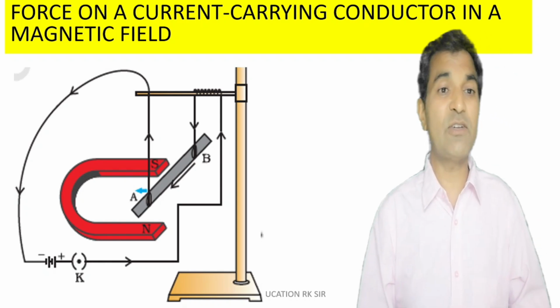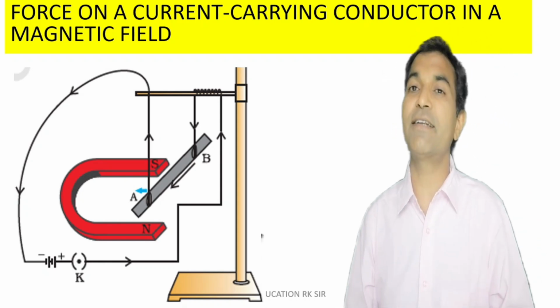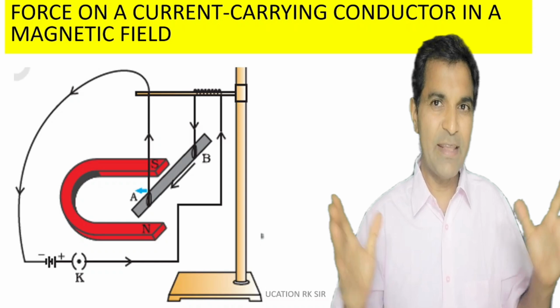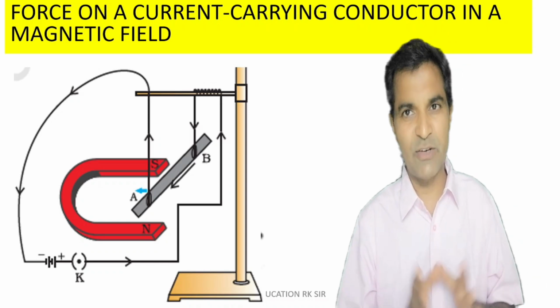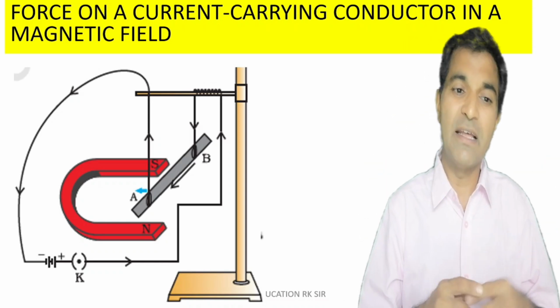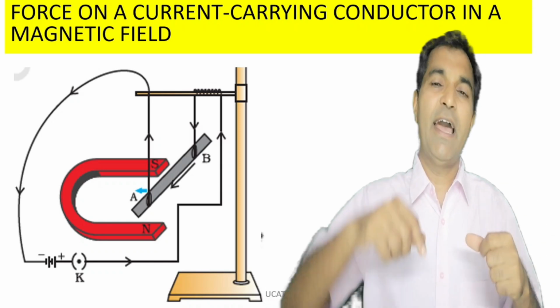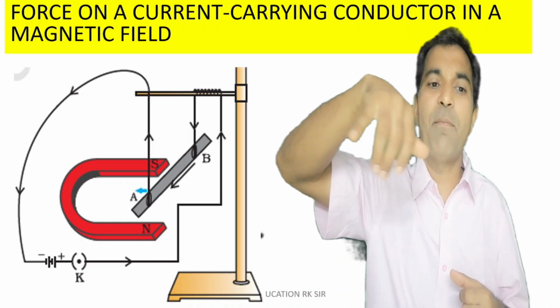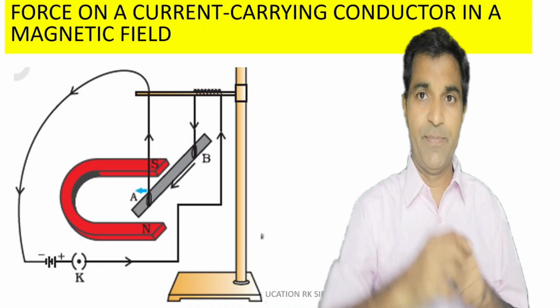Now the next topic is the force on a current carrying conductor in a magnetic field. It is a very brilliant topic if you try to understand it in your mind. Suppose there is a magnet and we have freely suspended a rod.